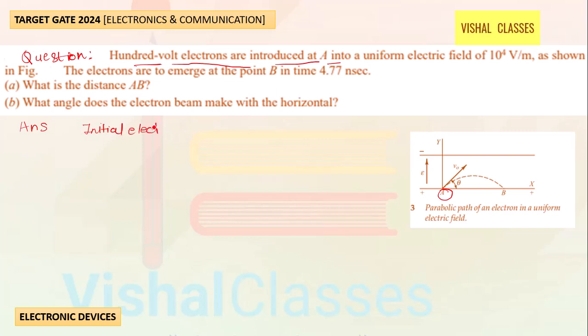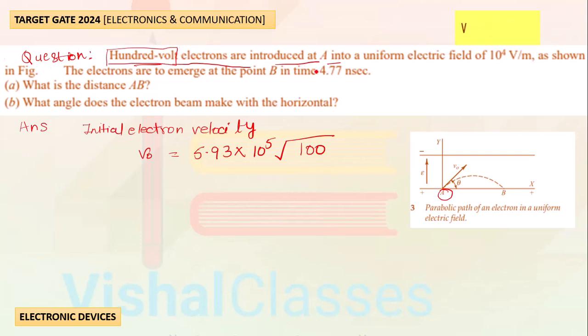As we have written, the initial electron velocity v naught is given by the formula 5.93 into 10 raised to power 5 times root of V, and this value will come at 100 volt potential.